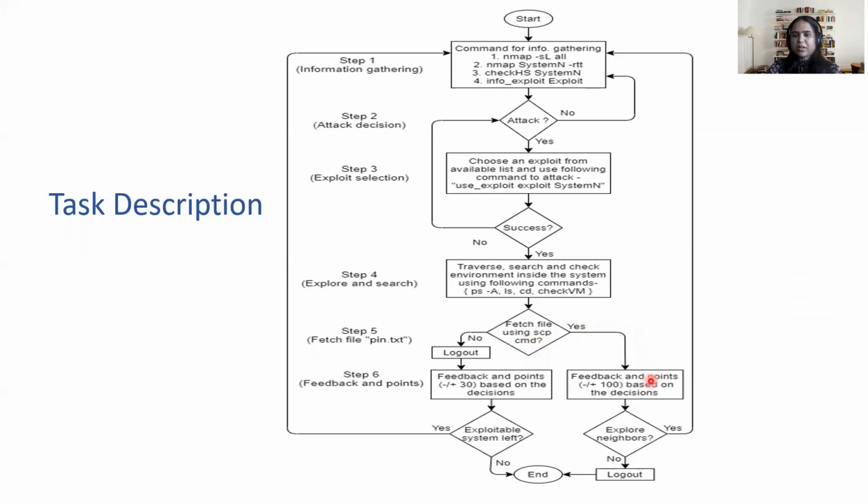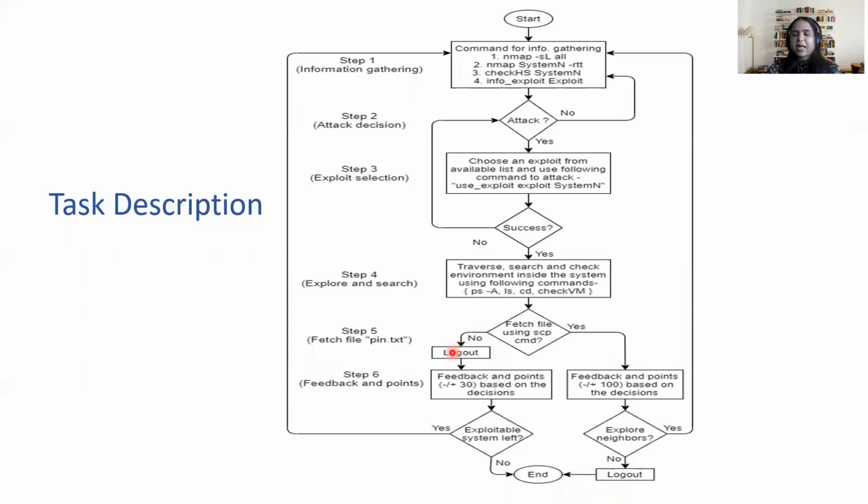So if they fetch it from a honeypot, they will lose 100 points. If they fetch it from a real node, they will gain 100 points. And based on that, they will have access to more nodes. If they want to explore neighbors of that particular node, they can go through the process again. Otherwise, they can log out and end the task.